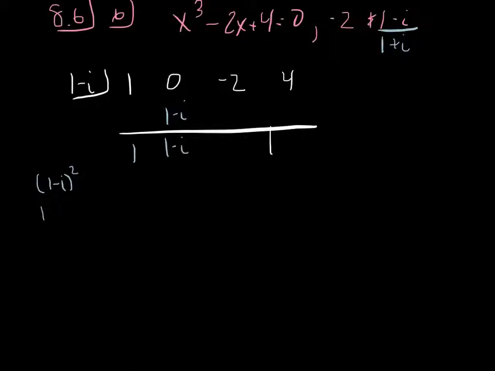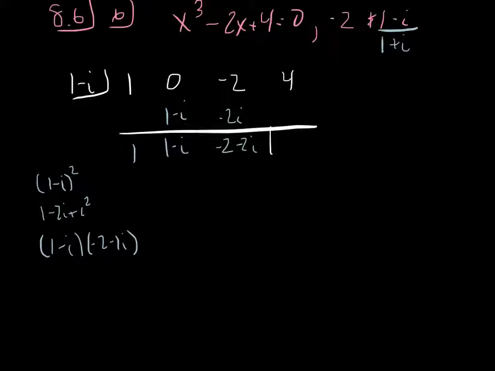So you get 1 minus 2i plus i squared, so you get -2i. -2 minus 2i. And so I get 1 minus i times -2 minus 2i.